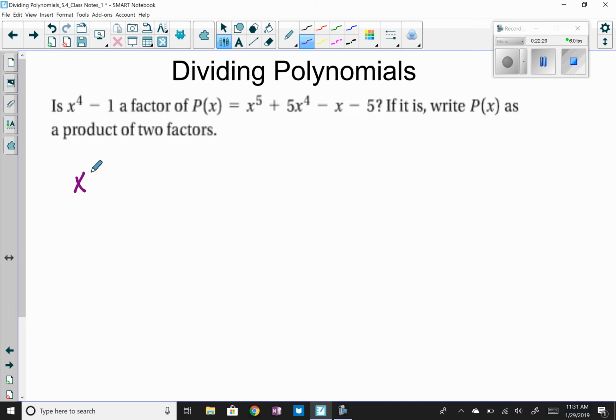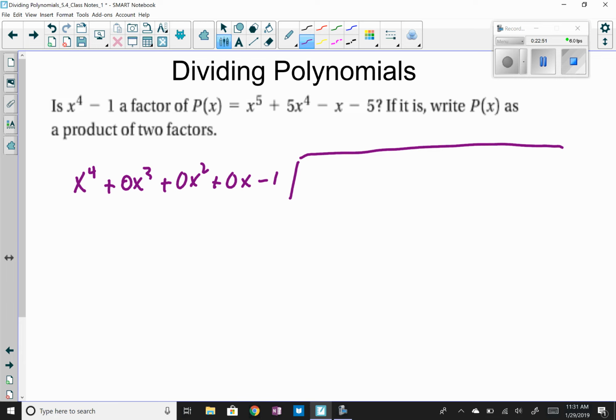So x to the 4th plus 0x cubed plus 0x squared plus 0x minus 1 into x to the 5th, 5x to the 4th. We have to get a placeholder for the cube, 0x cubed. Same thing with x squared, minus x, minus 5.